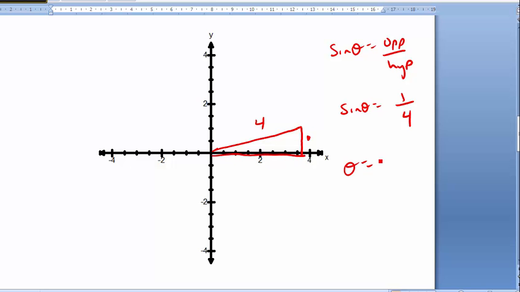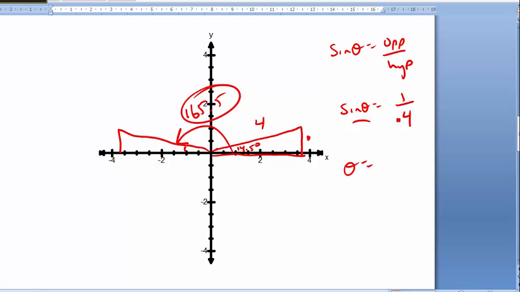So theta must be shift sine of 1 over 4, and that gives me 14.5 degrees. But what if I said there should be another angle that works the same? How far around do I have to go this way to look the exact same triangle so that that's also 14.5 degrees? So if I went all the way around to there, that angle should be 180 minus 14.5 is 165.5.